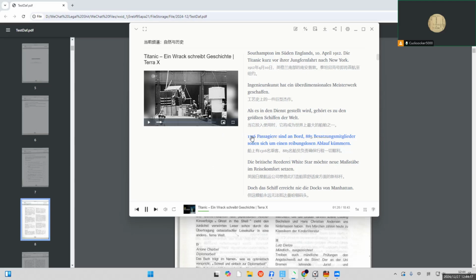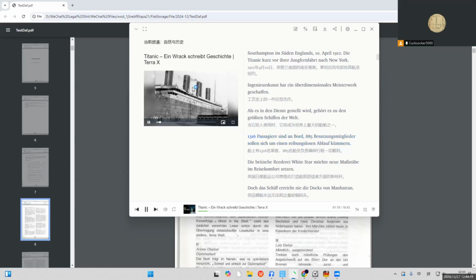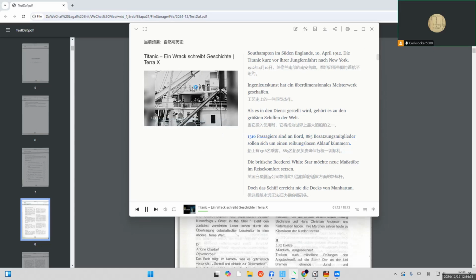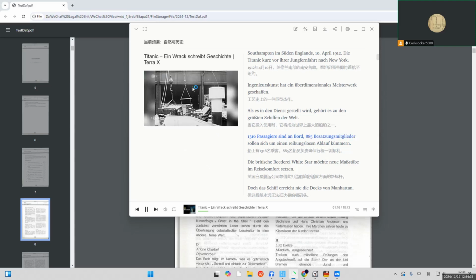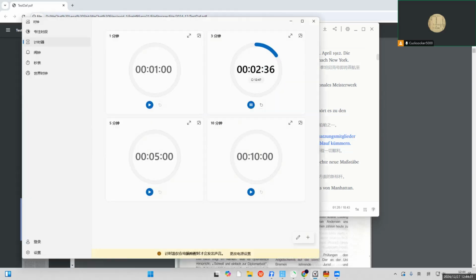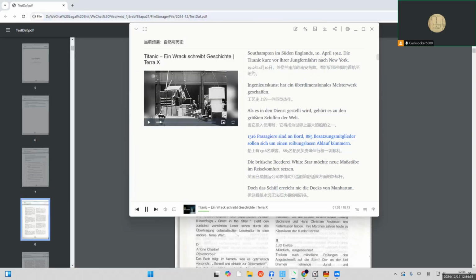Let's do it again. 1316 Passagiere sind an Bord. 885 Besatzungsmitglieder sollen sich um einen reibungslosen Ablauf kümmern. Okay, I'm starting to understand like 90% of it. So, okay, let's move on to the next section.